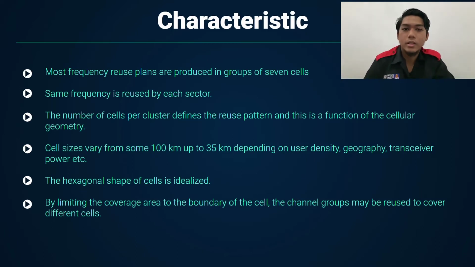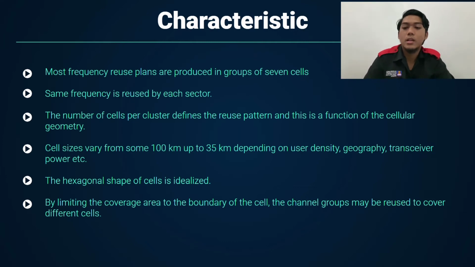The characteristics of frequency reuse. Most frequency reuse plans are produced in groups of 7 cells. The same frequency is reused by each sector. The number of cells per cluster defines the reuse pattern. This is a function of the cellular geometry.